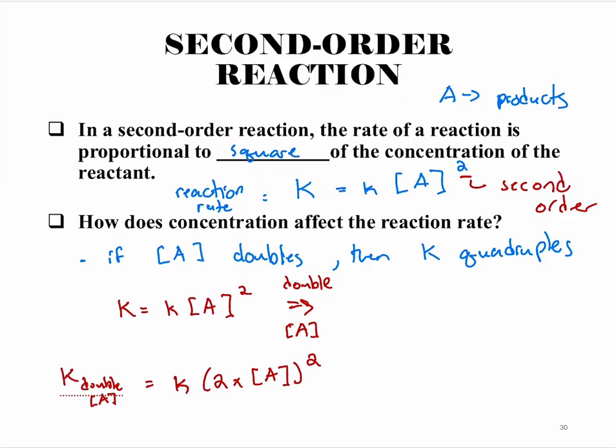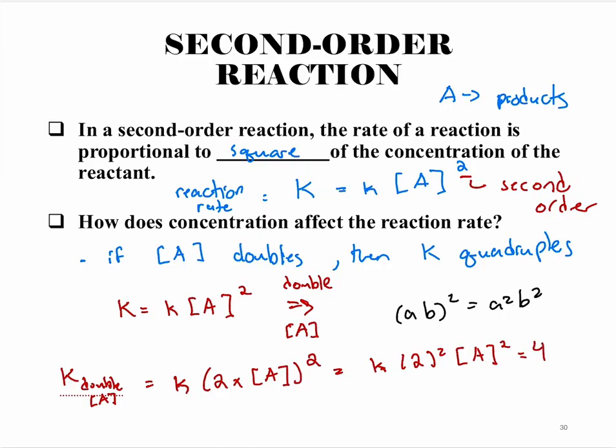All right, so I'm going to break down the math here. That's going to be lowercase k times 2 squared times the concentration of A squared. Because if we have (A times B) squared, that's equal to A squared times B squared. That's just our mathematical identity there. And 2 to the power of 2 is what? 4.